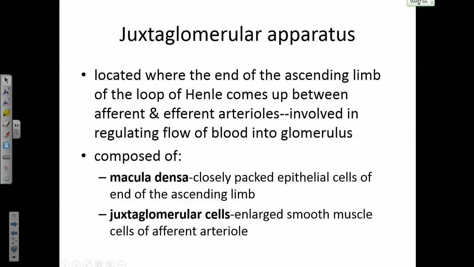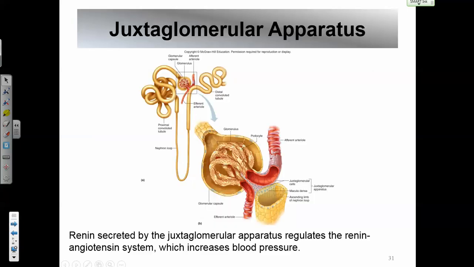Okay, there's two groups of cells at the juxtaglomerular apparatus. One group is called the macula densa. One group is called the juxtaglomerular, which means next to the glomerulus, juxtaglomerular cells. So here you can see it. The juxtaglomerular apparatus is in this area, and here you see it magnified. This is the very top of the loop of Henle, and there's some real large, tightly packed cells right there.